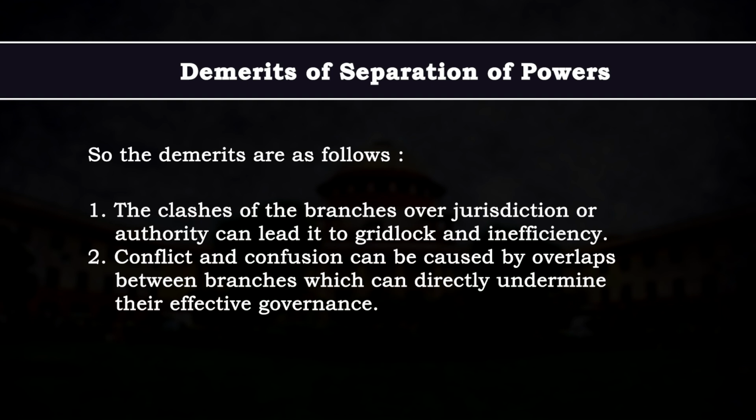Next, the conflict and the confusion can be caused by overlaps between the branches, which can directly undermine their effective governance. Next, generally, the branches of the government are controlled by the people of different political parties having conflicting ideas. In this case, it becomes very difficult to enact policies or create new laws, which leads to governmental inaction.